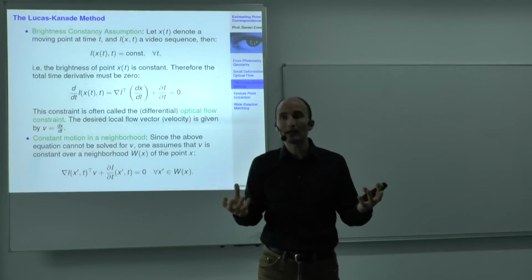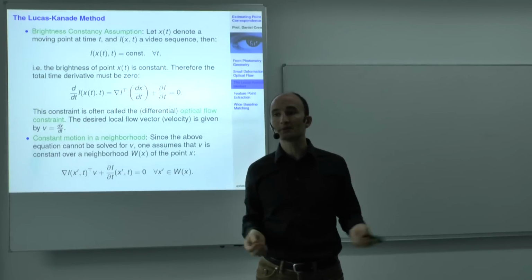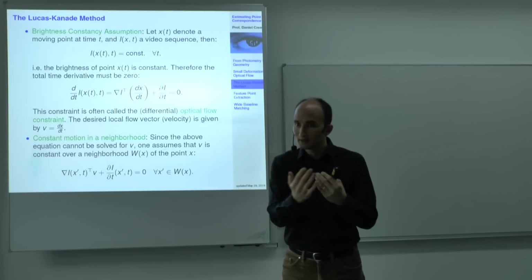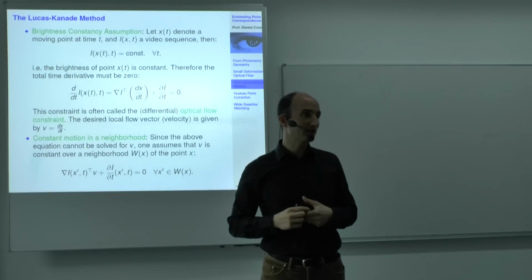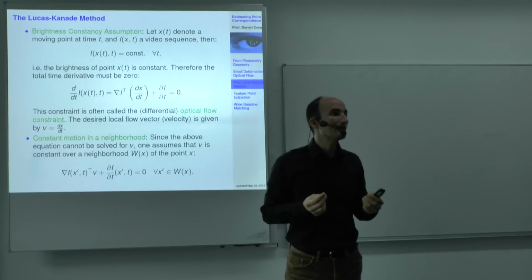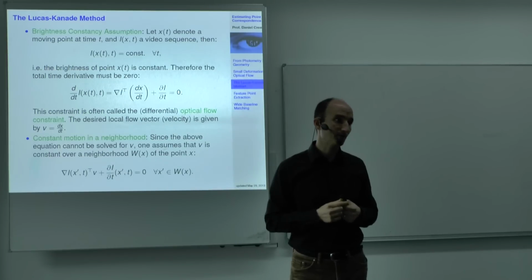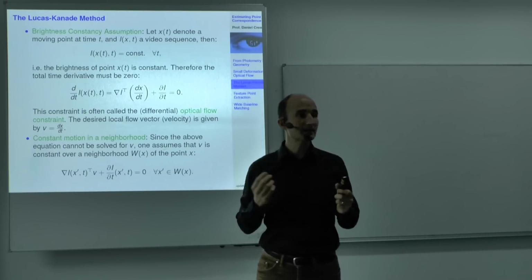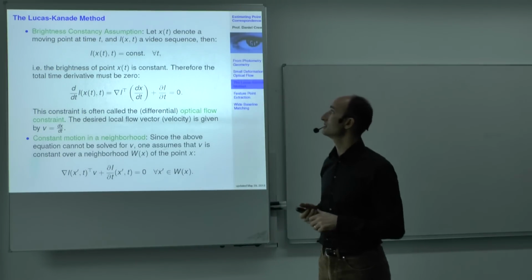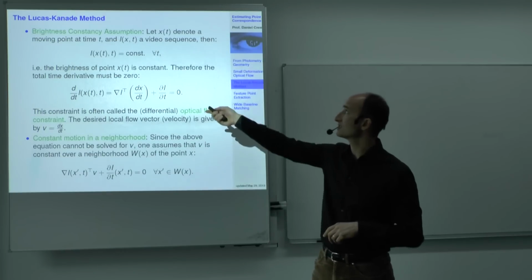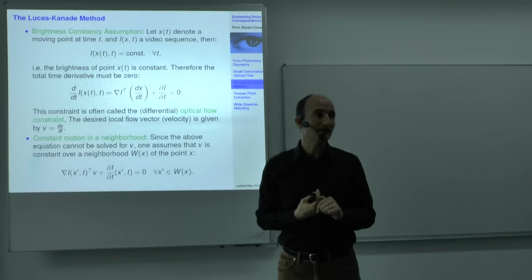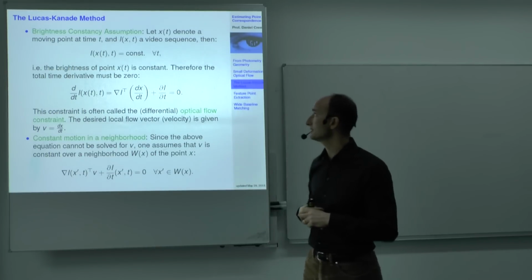If you have chameleon-like objects that arbitrarily change color, then in one image they may look very different from the other image. So we have to make some assumptions to find correspondence. And the simplest and most basic assumption is the so-called brightness constancy assumption, or brightness constancy constraint.